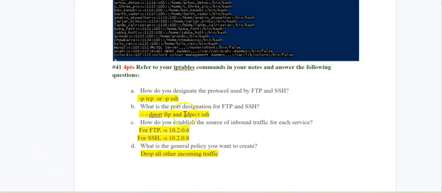Make sure that you do a double dash, because Google just automatically put those two dashes together. The source for the inbound traffic for each service, you're going to use -s, and for FTP we're going to use 10.20.6, for Secure Shell 10.20.8. And the general policy you want to create, after you allow some traffic, is to drop all other incoming traffic.